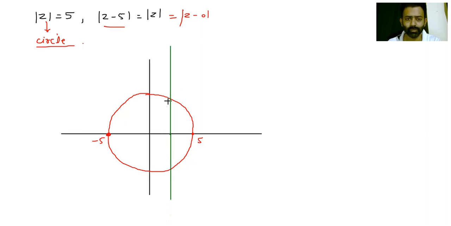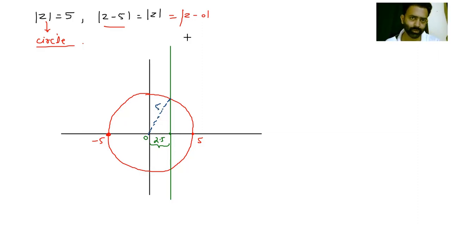All the points of z will lie on this green straight line, the perpendicular bisector of 0 and 5. This is your origin, and this point is 2.5, okay? And this distance is 5. Why? Because this is the radius of the circle, mod z equal to 5.